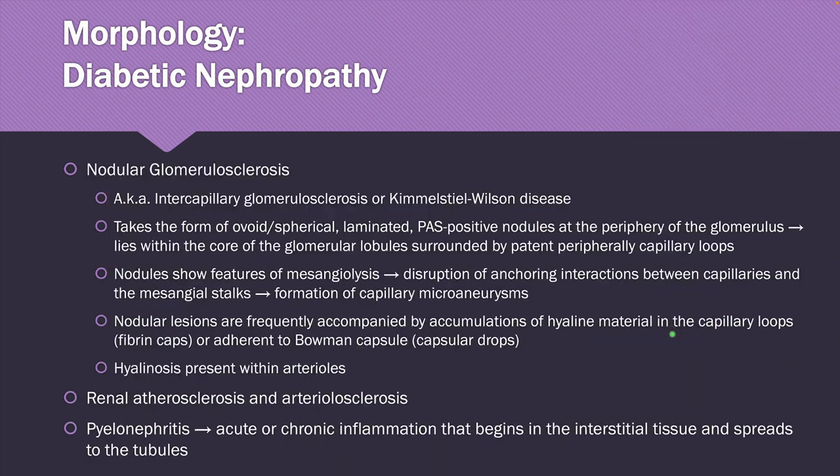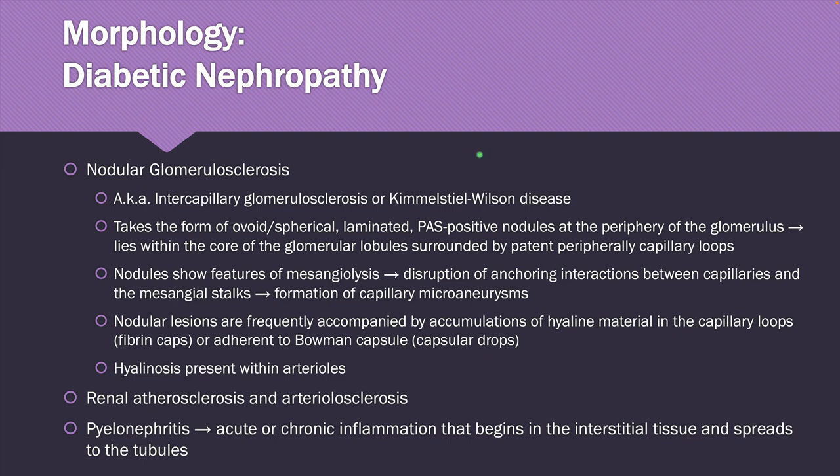So, ito yun, nodular glomerulosclerosis. They take the form of ovoid spherical laminated PAS positive nodules at the periphery of the glomerulus. And these nodules show features of mesangial lysis, in which there is disruption of the anchoring interactions between capillaries and the mesangial stalks. And this contributes to the formation of your capillary microaneurysms.